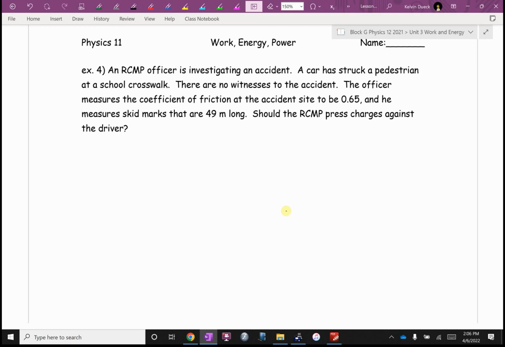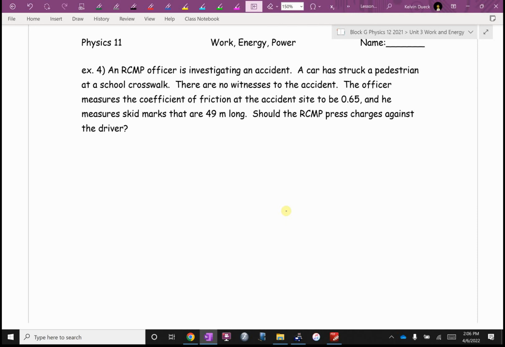But the cell phone had picked up the sound of the skid, and so that gave us a time value. And I said to you in Physics 11, we'll revisit this once we have enough physics to handle it. Well, here it is. You don't need the sound of the cell phone. All you need are the lengths of the skids, and then at the road, you measure the coefficient of friction between tires and the road. There's a little device they use to do that.